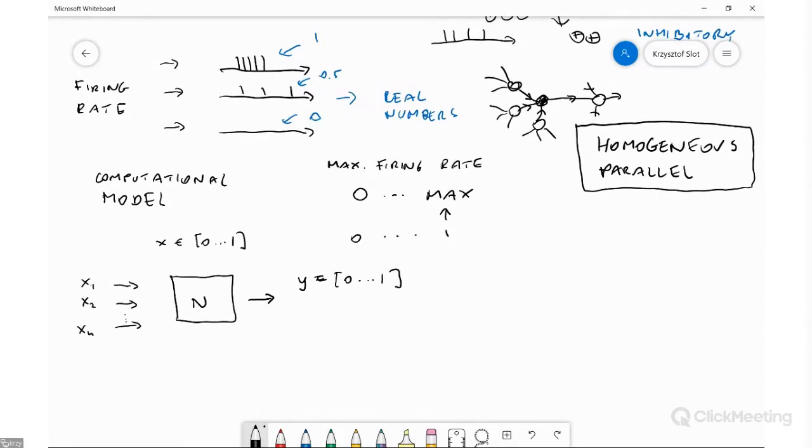So from the point of view of information that is being processed by a neuron, we will be using just real values. A domain for every input will be just an interval of real values from 0 to 1. And so if I would like to be more specific about this box, a neuron will begin with input information that is being delivered by some other neuron.